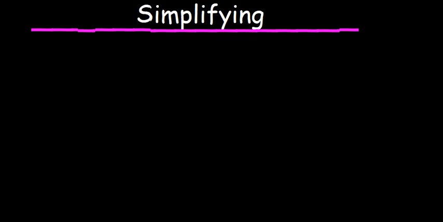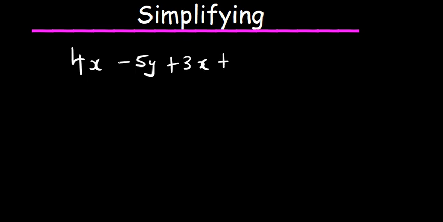So how do you simplify expressions? For example, if I'm given 4x minus 5y plus 3x plus 6y. So how do I solve such an expression? I have to first solve the ones with the like terms together first. So I've got 4x and I've got 3x.